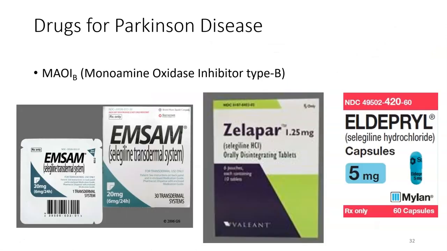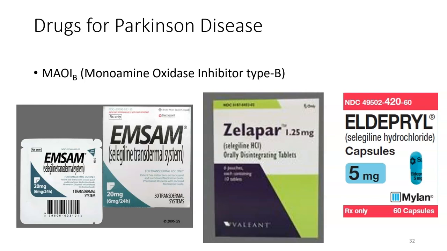We can also use monoamine oxidase inhibitors in type B. So MAOIs, a lot of times, we'll talk about in chapter 13. These are also antidepressant drugs, but that would be type A for antidepressant. Type B is used for Parkinson's disease.